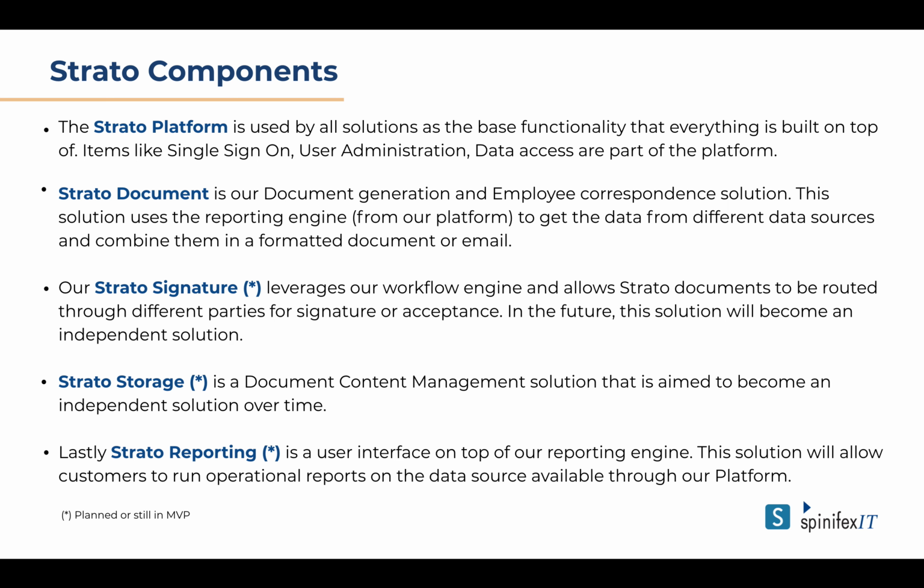Strato Signature is a tool that is still a minimum viable product or planned, and leverages the workflow engine. It's not a tool we can sell independently, but we can sell it as an add-on, and it allows the customer to route documents through different parties and get signature and acceptance. Basically, it's our Strato workflow engine.